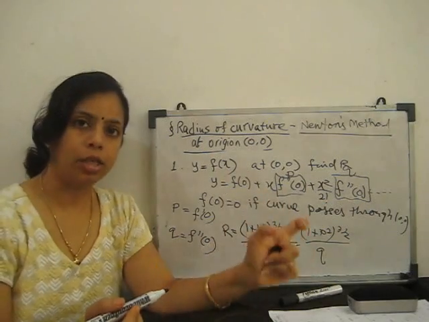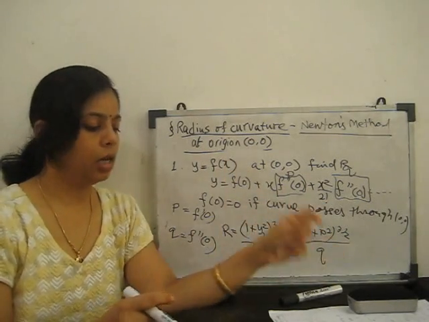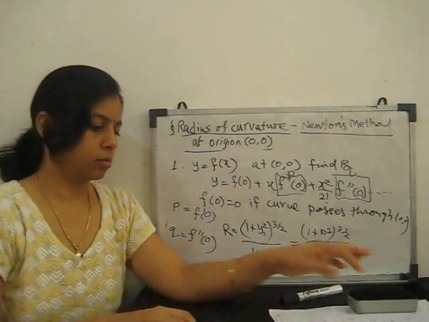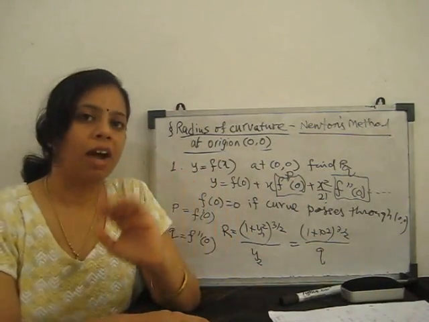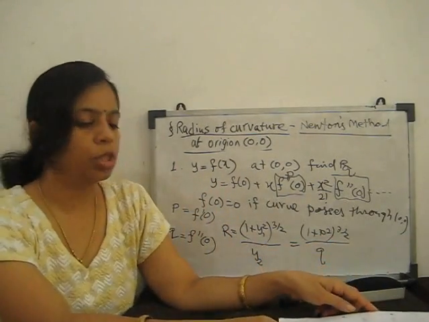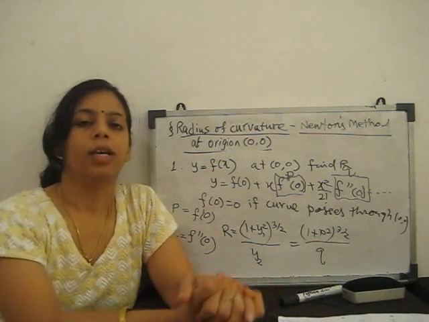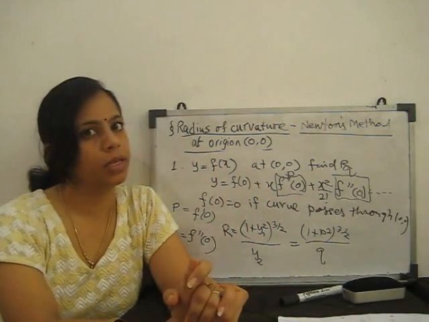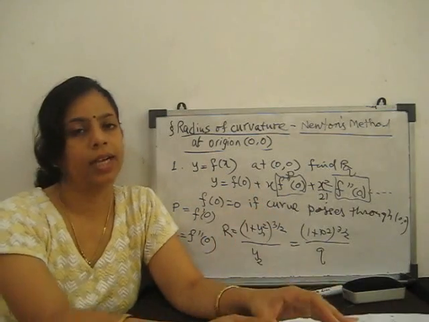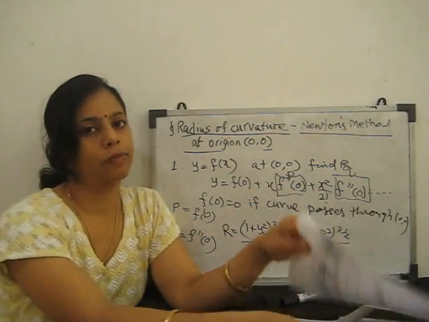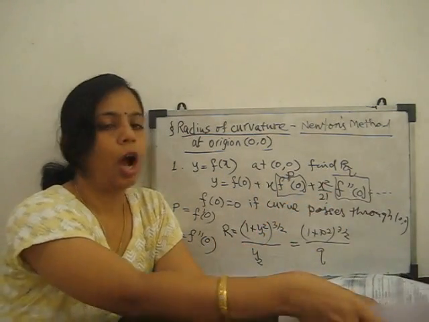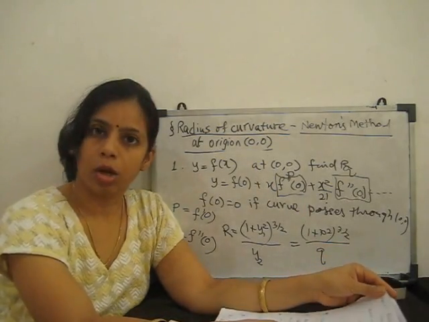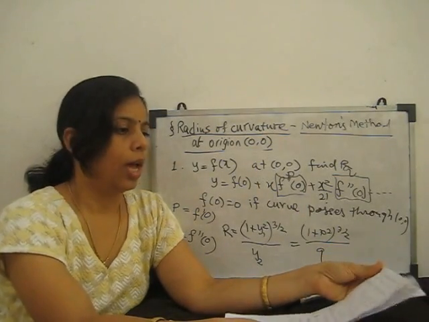Substitute here at the point (0, 0), and we will get the radius of curvature. And for finding the tangent at (0, 0), what can we do? We can equate the lowest power terms to 0, so we will get the tangent. In the previous radius of curvature video, you also saw how to find the tangent. We just equate the lowest order terms to 0.